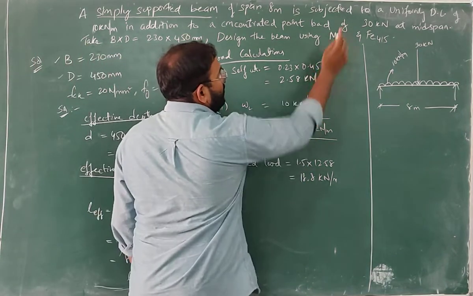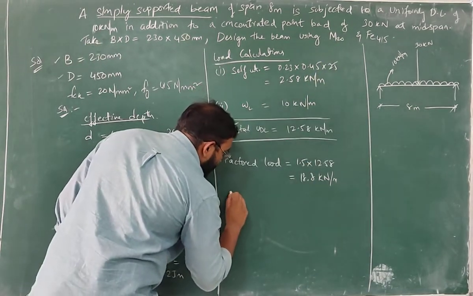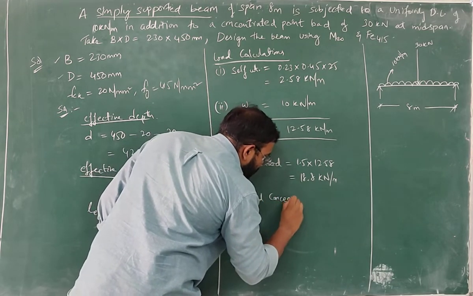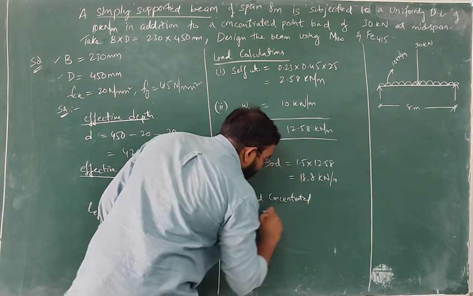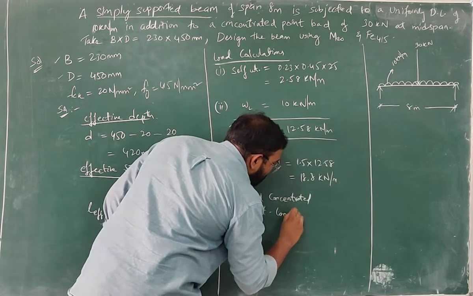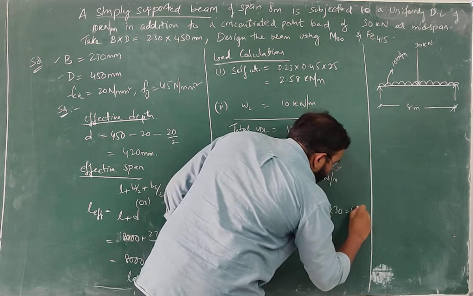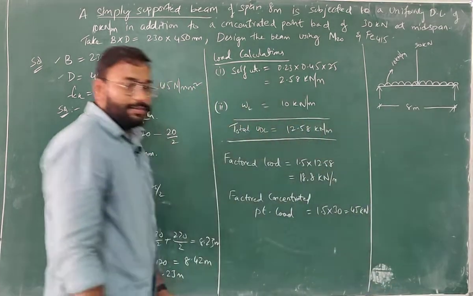Now, this is concentrated point load. Factored concentrated point load is equal to 1.5 into 30, which is equal to 45 kilonewton.